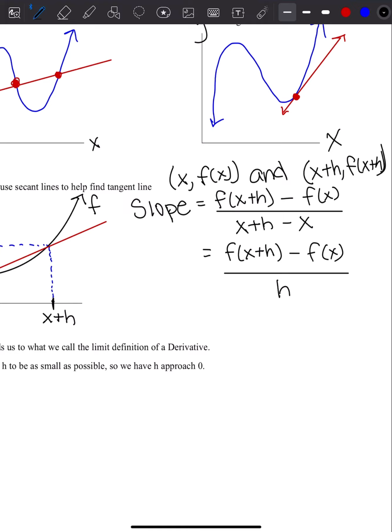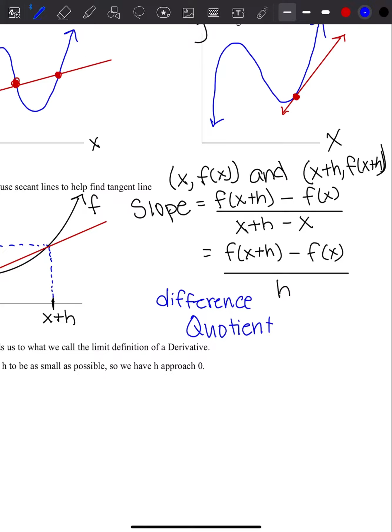This is actually something really specific. This is what we call the difference quotient. Difference meaning subtraction, quotient meaning division.